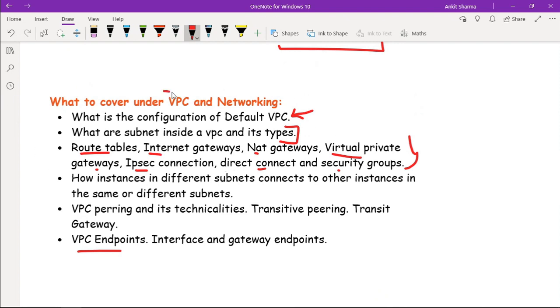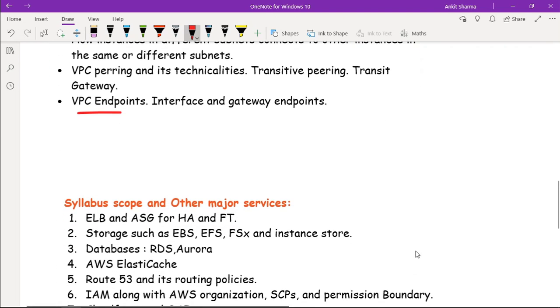VPC and networking don't say all about all the services, but you should know that VPC and networking are somewhere associated with route tables and security groups or NACLs. So you should be really shrewd in understanding a service and its components, because the questions will not be straight on the service itself, but on its components and its connection with other services.